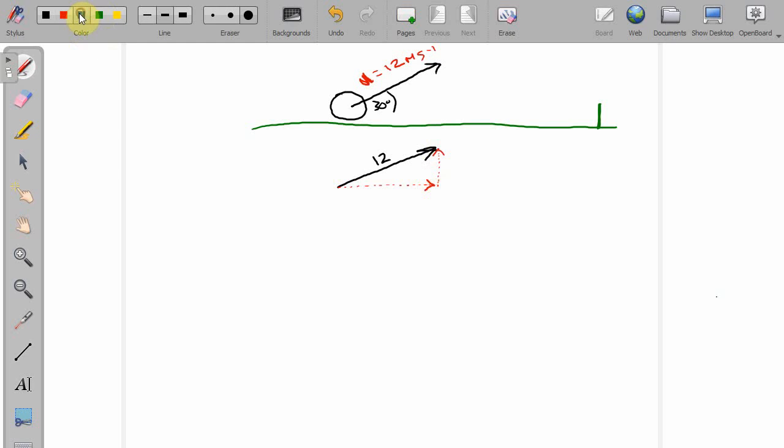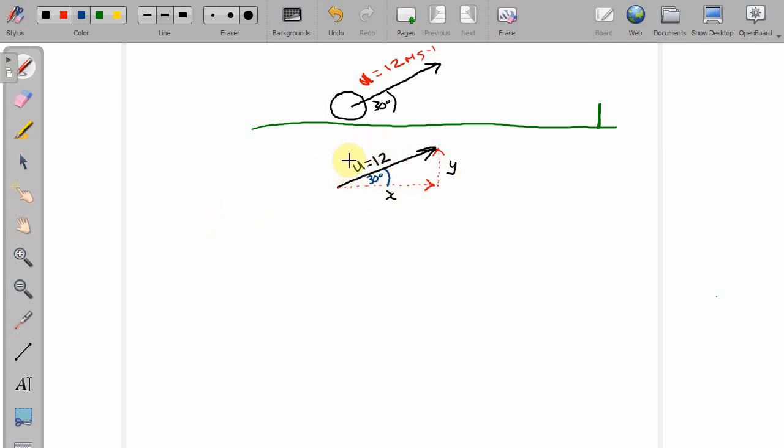So for now, if we were to call this side u, with u equal to 12, then we could call this one x here, and we could call that one y. Now obviously we have a 30-degree angle in here as well that we need to use in a second. So we want to know, what is the length of x? We need to use trigonometry for this.